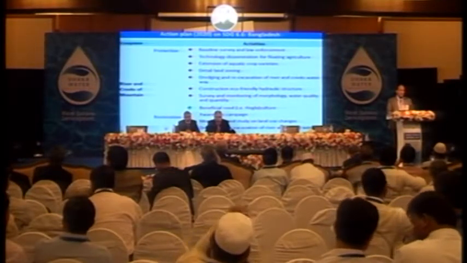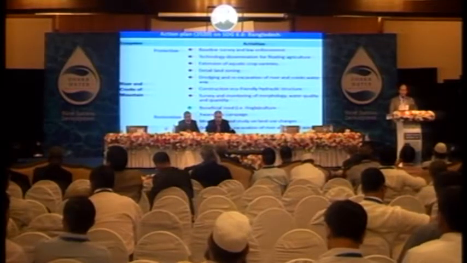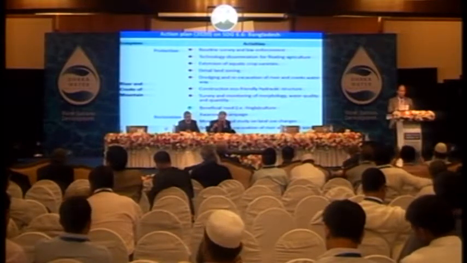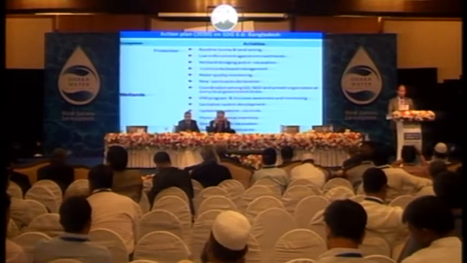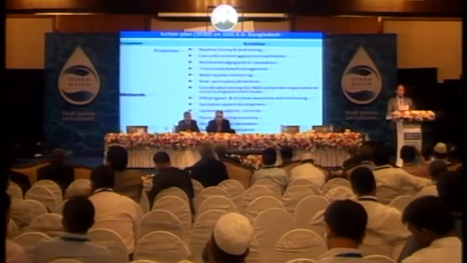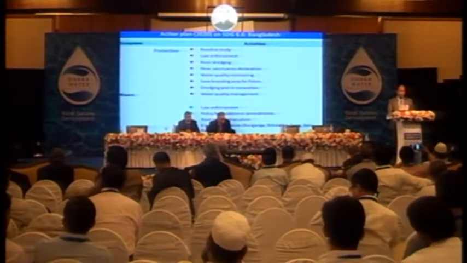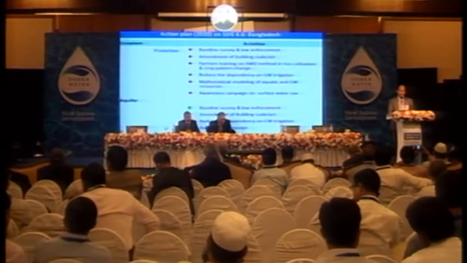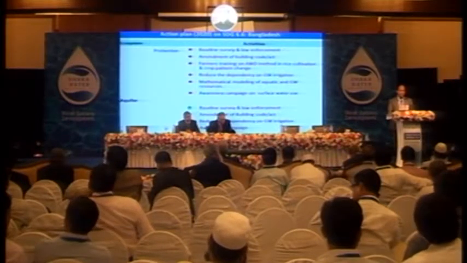For rivers and creeks of mountains, some protective measures we are trying to implement on the top side, and some restoration measures on the lower side. For wetlands, we are taking some protection and restoration measures. For rivers, some protection and restoration activities. For aquifers, some protection and restoration activities we are trying to adopt.